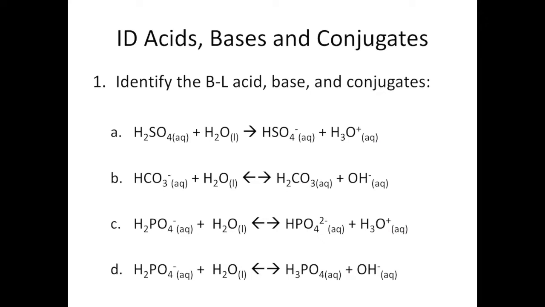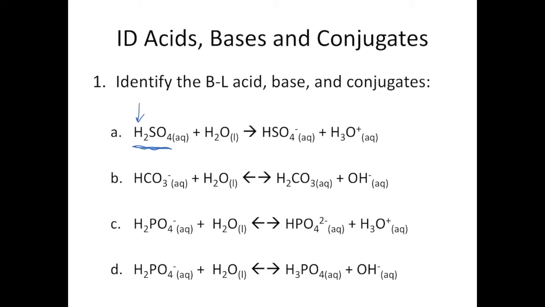If I'm identifying my Bronsted-Lowry acid, base, and conjugates, I've got to look and see what's going on. So I'm going to look, this is water. Water is amphoteric, which means that water can be an acid or a base depending on what you need it to be. It's cool with whatever. So we've got to look at who else is with water.